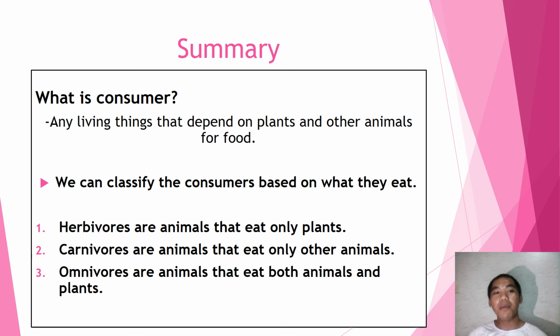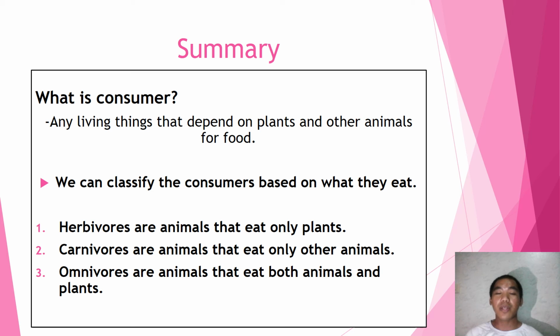Now let's summarize our lesson for today. We learned about the classification of animals based on what they eat. We have three classifications. First, we have herbivores. Herbivores are animals that eat only plants, like for example, a rabbit, a goat.